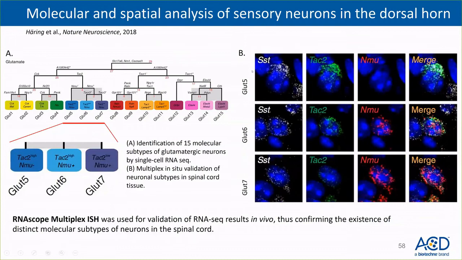If we just focus on GLUT 5 and GLUT 6, we can see that there is no expression of the NMU gene in the GLUT 5 populations, whereas in the GLUT 6 population, there is NMU expression. So with RNAscope, they could actually identify unique expression patterns of these cells.